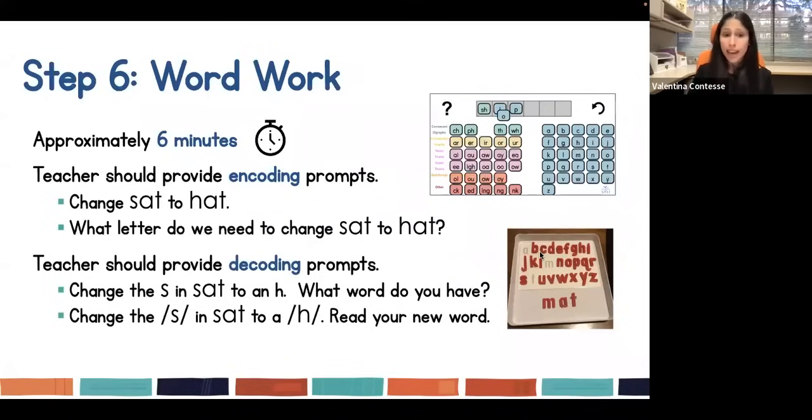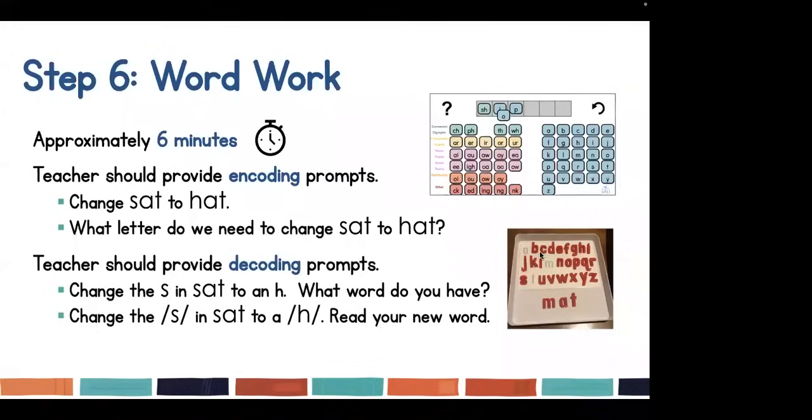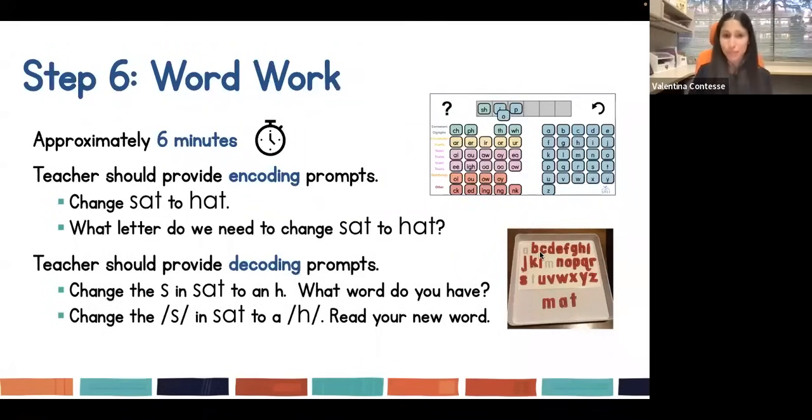And then again, to review, it's really important that the type of prompts we provide allow students to practice both encoding and decoding. Encoding prompts are where students are seeing a word and we say change that word to a different word, like we see here with change sat to hat.